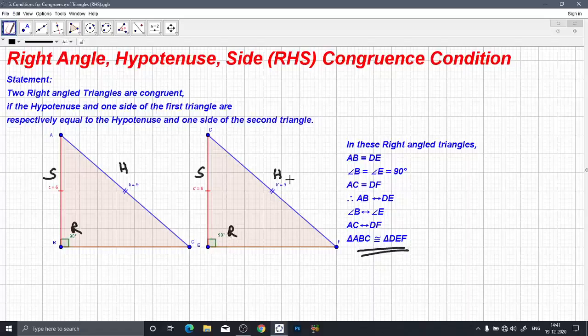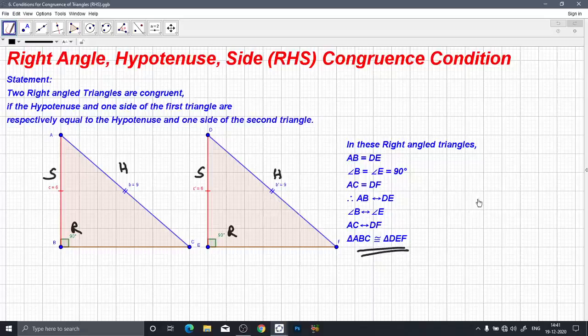If in any right angle triangle, the hypotenuse and any one side are equal to the hypotenuse and any one side of the other triangle, then the two triangles are congruent to each other. It's very easy to remember also.